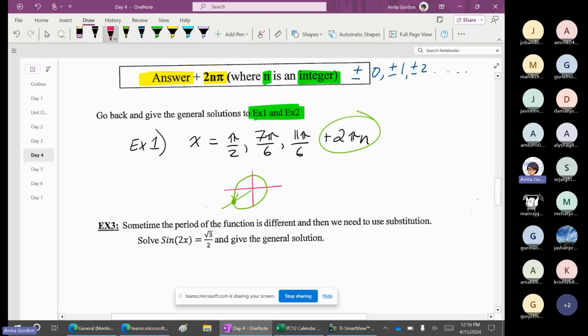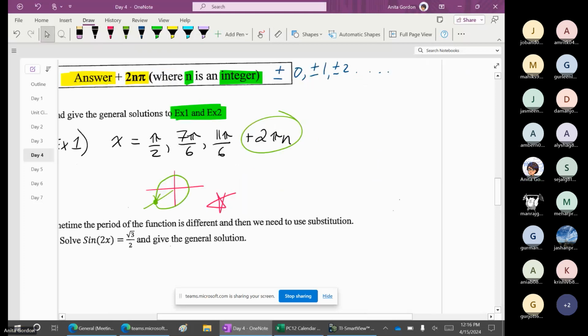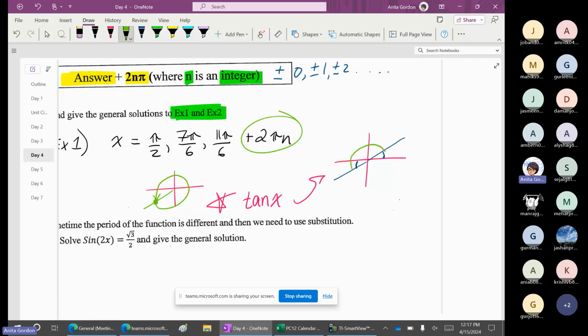I am going to make a small exception, not exception, but an interesting note. When we are solving for tangent, look at where tangent is positive. Let's say my pi by 4 example from example 2. Tangent solutions are always separated by 180 degrees, or they're separated by pi.